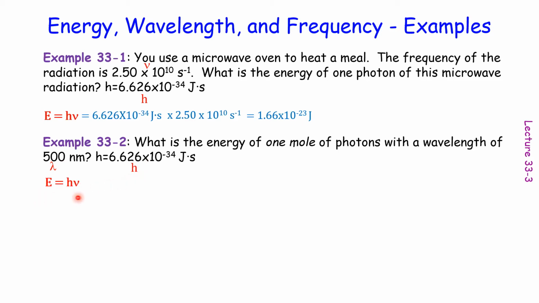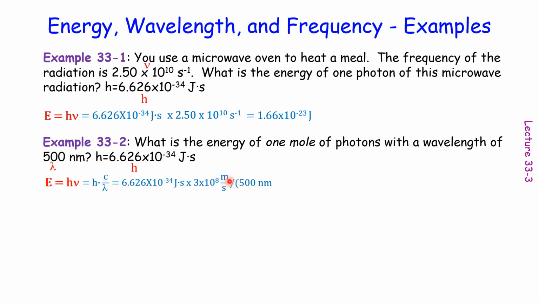Again, the energy for one photon can be calculated using E equals h nu. We don't know nu directly, but we can rewrite this equation as h times c over lambda. Now we know lambda, and of course, we know c. It's a constant, should always be given. Planck's constant times speed of light divided by wavelength.